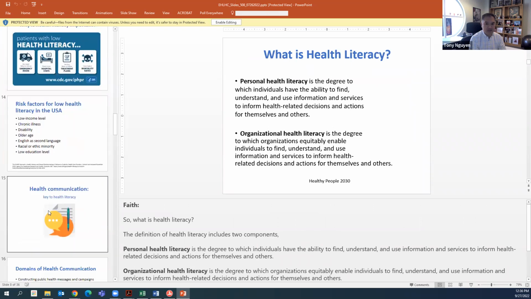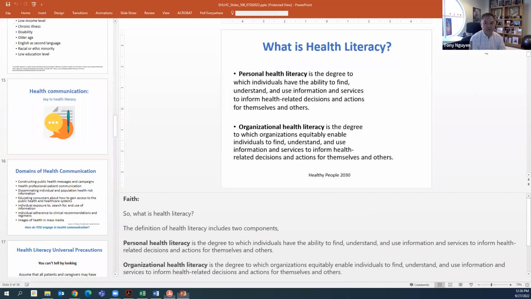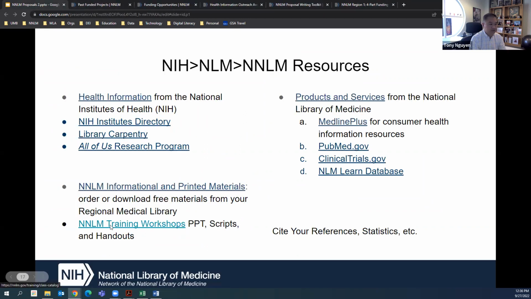But this outlines a lot of information related to health communications and health literacy, so that you don't have to start from the ground up. Most of our PowerPoints are already scripted as well. And I think that will help you too, so that you don't have to work on writing your script or what you need to say on a particular slide that shows up too.